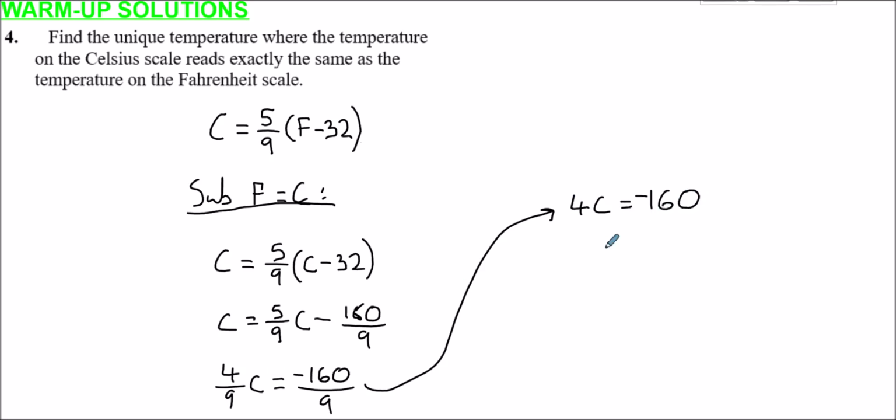Then dividing through by 4, therefore c, which equals f, is minus 40 degrees. And so if you're in the North Pole and it happens to be minus 40 degrees, it doesn't matter if it's Celsius or Fahrenheit, because both of those temperatures just happen to be the same at that particular point. So minus 40 reads the same on both scales.